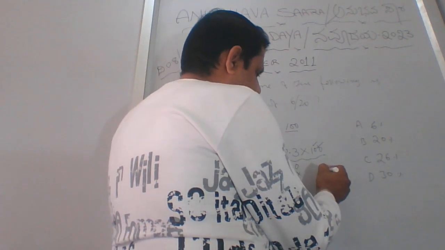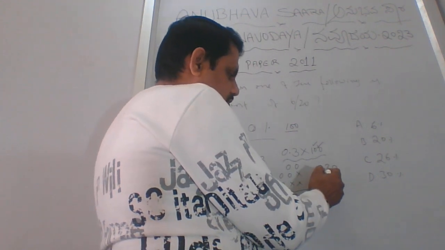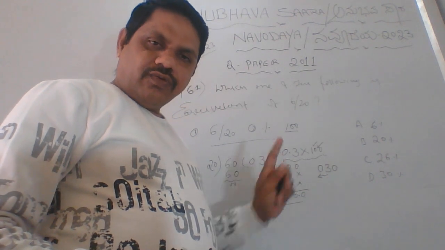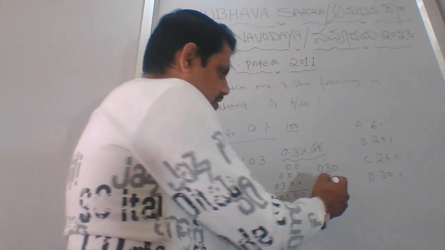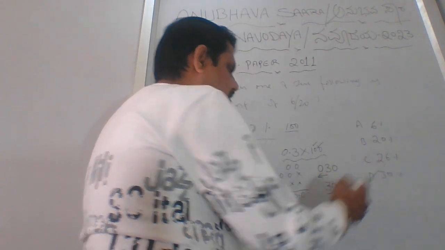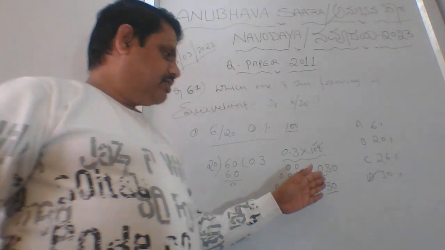So here the answer is 0 3 0. That means whatever number comes before any numeric, there is no value for that. So that's why we can write this as 30. So 30 is the answer. 30% is the answer for that.